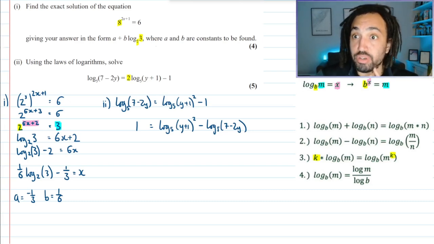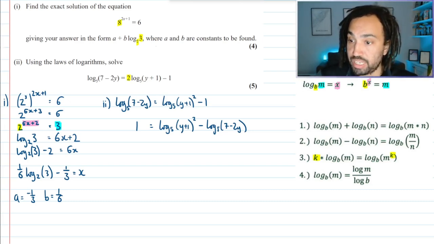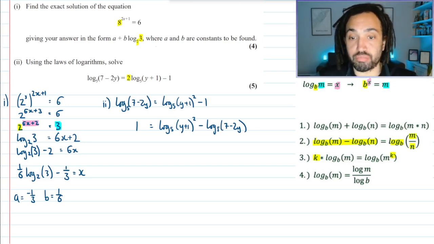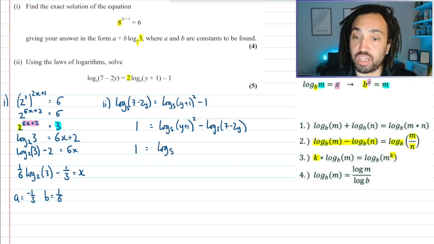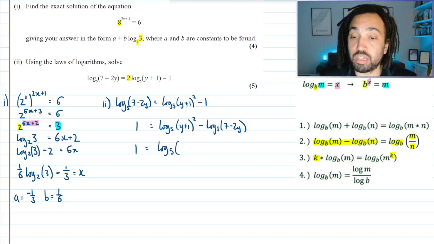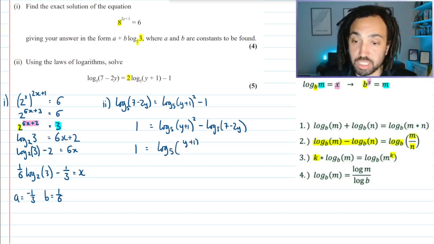And now what we can do is we can use this rule here, that when I have two logs, one subtracted by the other, I can rewrite it as a single logarithm of one divided by the other. So this becomes log base 5 of y plus 1 needs to go on top, squared, and on the bottom it needs to be the 7 minus 2y.